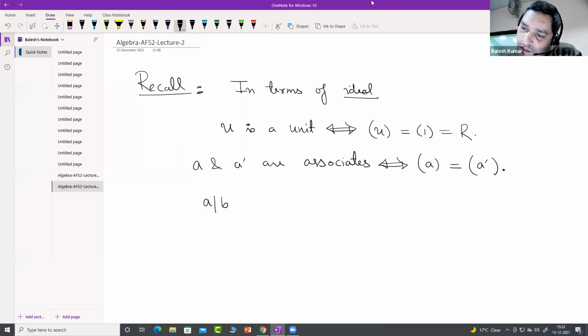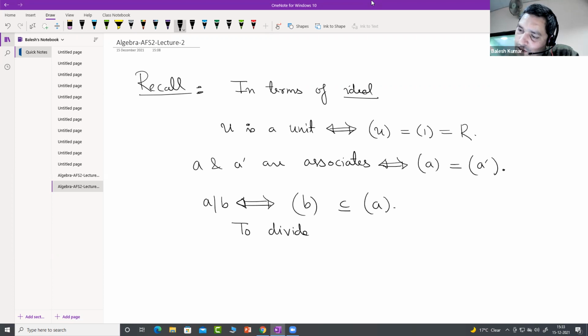A divides B can also be stated in terms of containment: the ideal generated by B is contained in the ideal generated by A. In short, to divide is to contain. This is the terminology that one uses for this fact.